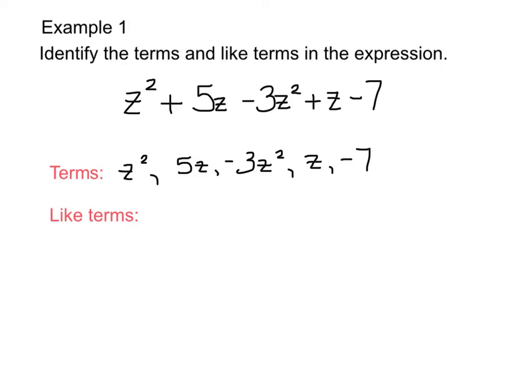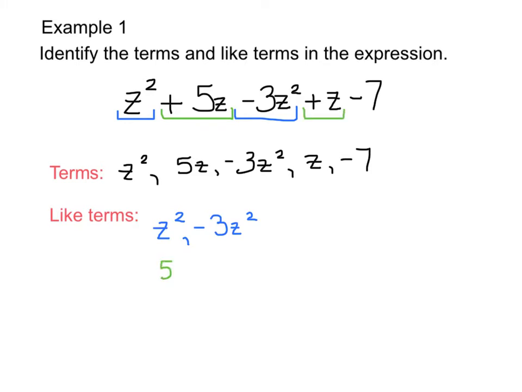So if we look, same exponent, same variable, we have a z squared. Do we have any other terms with a z squared? We do. So z squared and negative 3z squared are like terms. We also have a 5z and plus 1z.